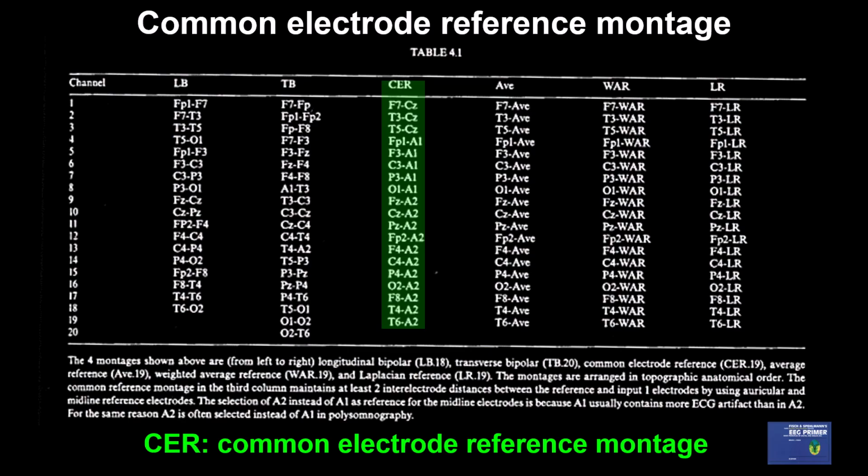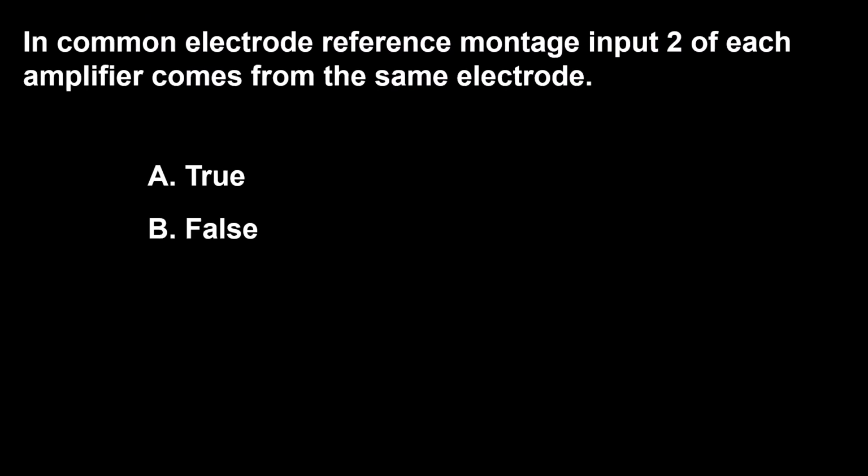As you can see highlighted in this frame, A1 was used for the left hemisphere, A2 for the right hemisphere, and CC was also used for some of the left hemisphere electrodes. So the answer to this question is false.